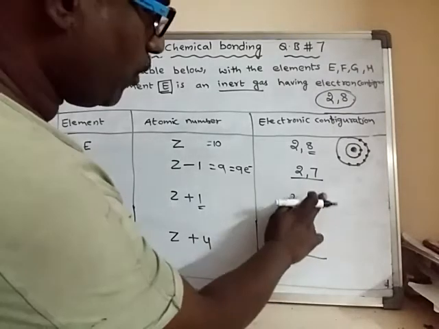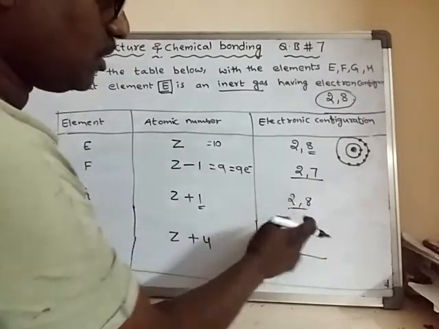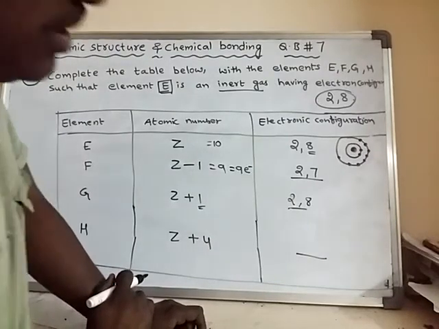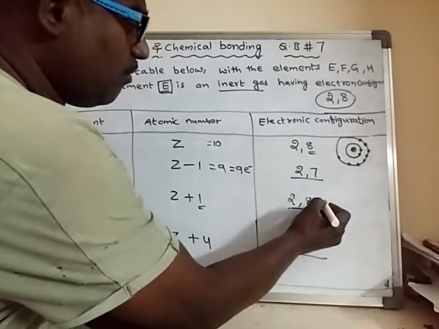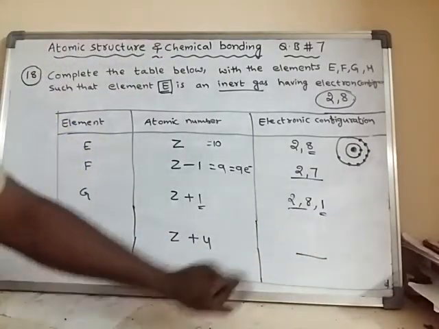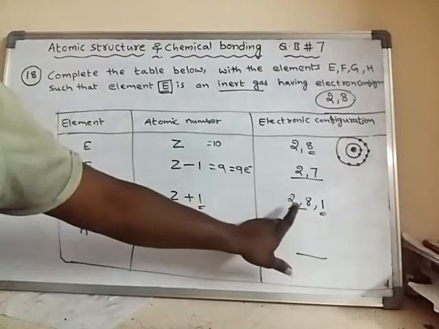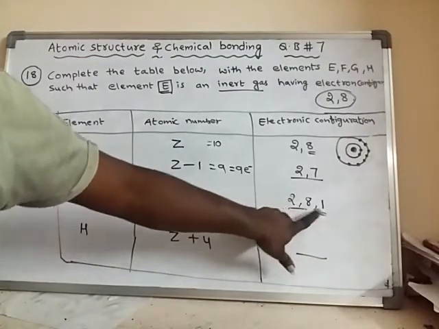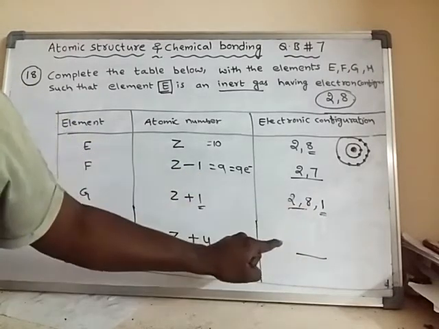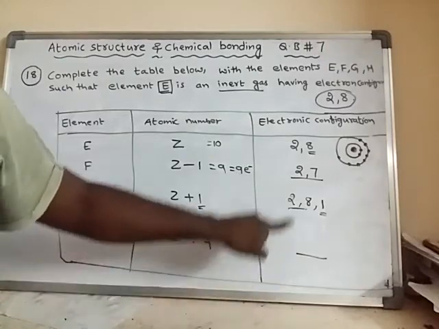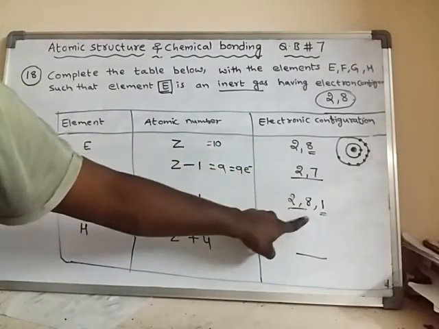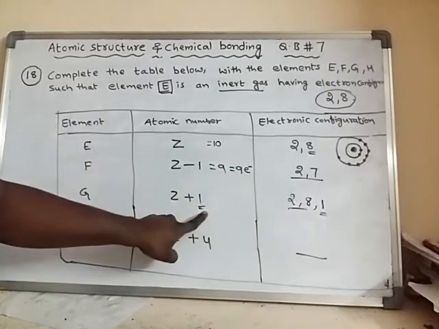So here, before filling this electron, this is the outermost orbit. Now we cannot add one more electron to the outermost orbit. Hence the added electron will go into the next orbit. Now this will become the outermost orbit. Count 1, 2, 3, third orbit. So last orbit is the third orbit. Here the second orbit is outermost orbit, but here one electron is added.